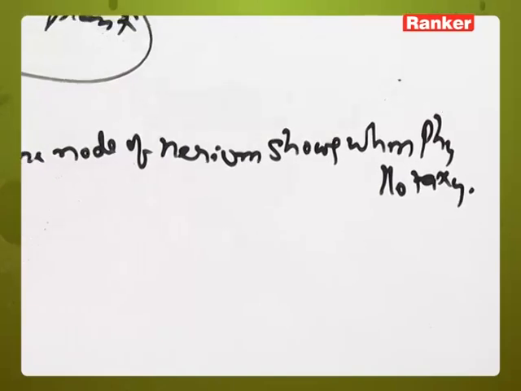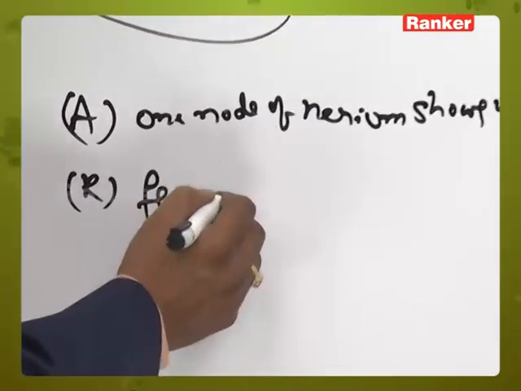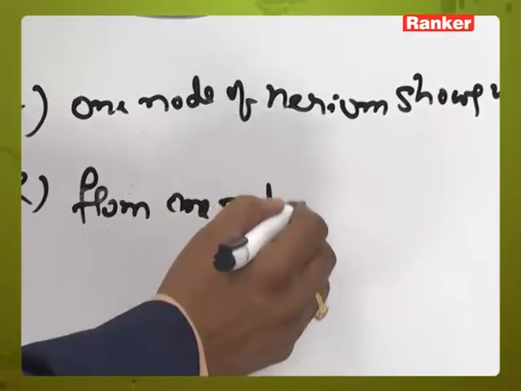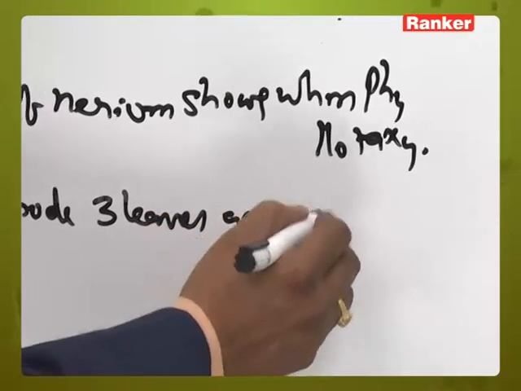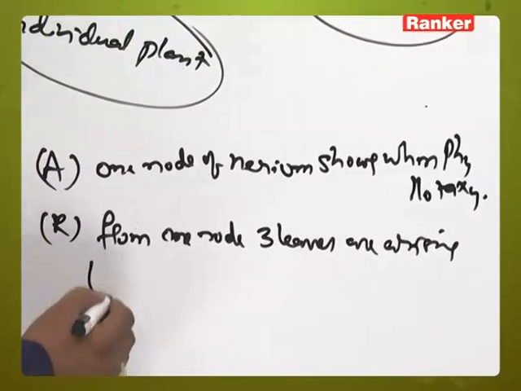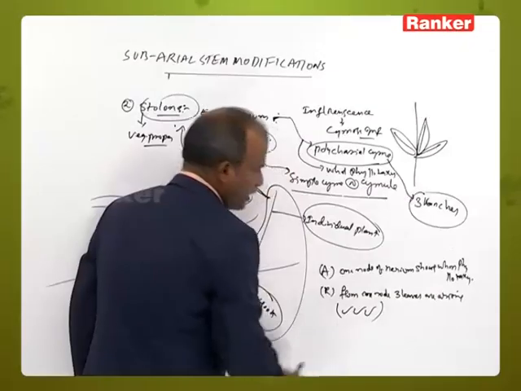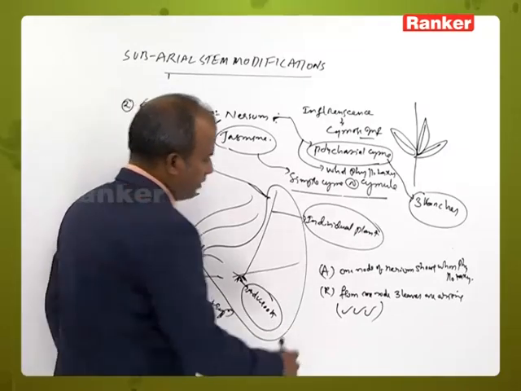What is the reason? From one node, three leaves are arising. So the correct option is: A is right, R is right, and R is the correct explanation for A.